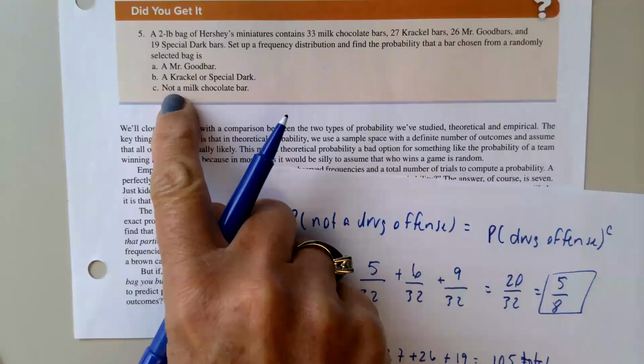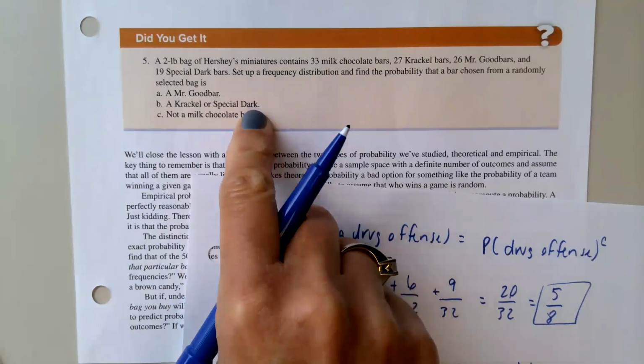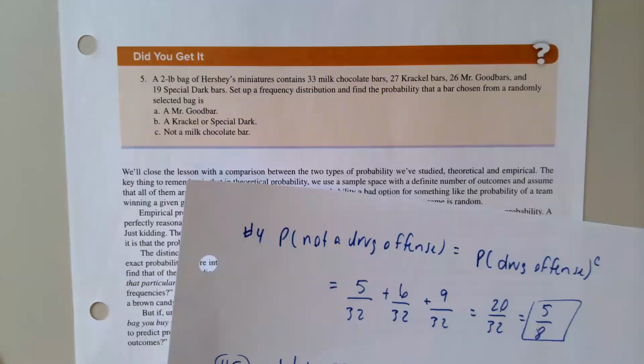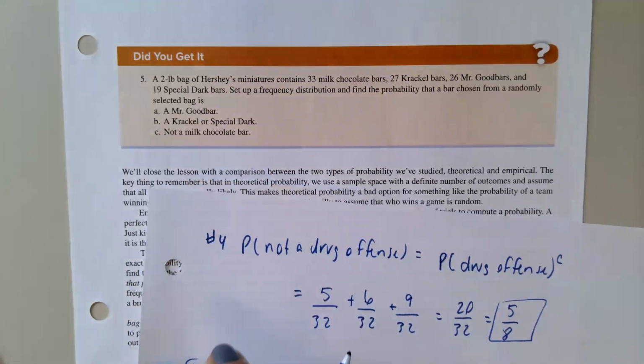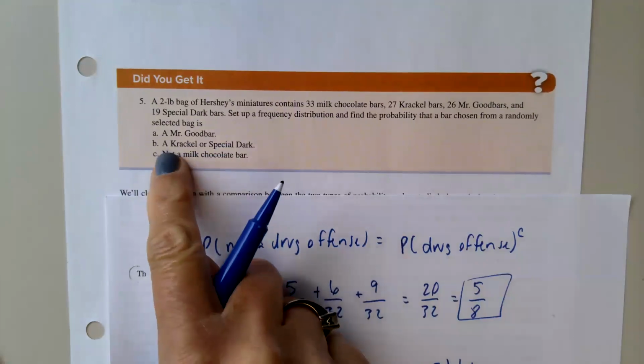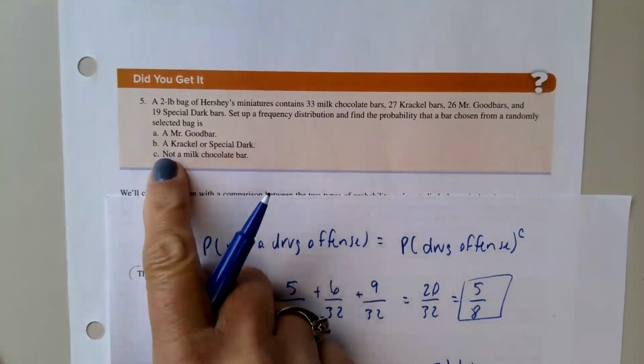Part B says, what about a crackle or special dark? And so because we consider these mutually exclusive, they cannot happen at the same time. We are able just to add their probabilities together.